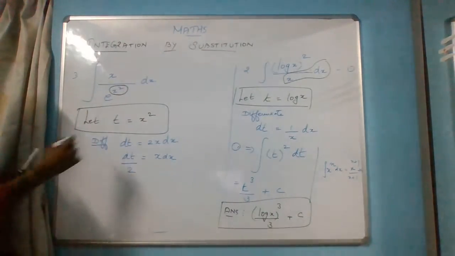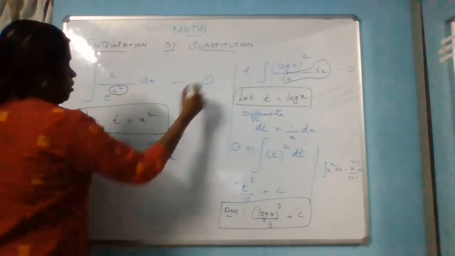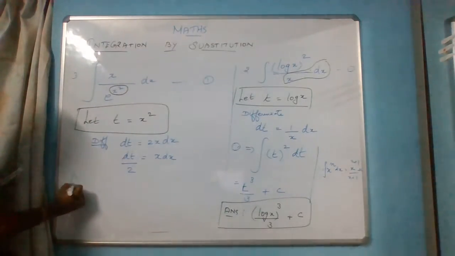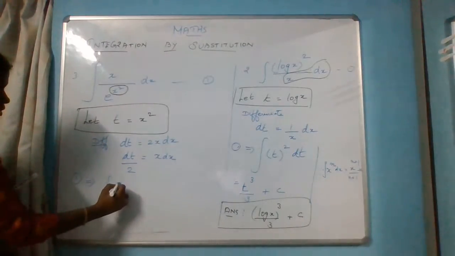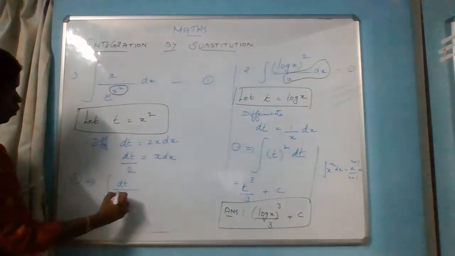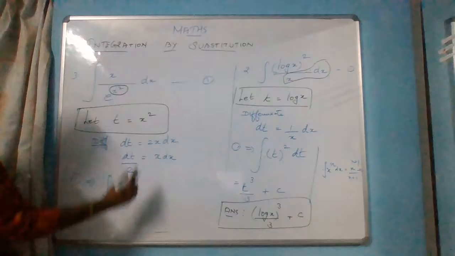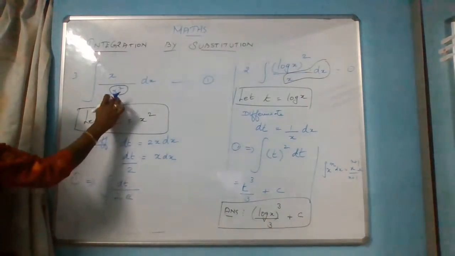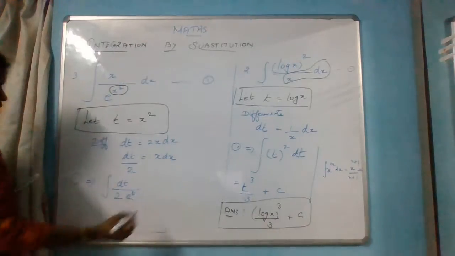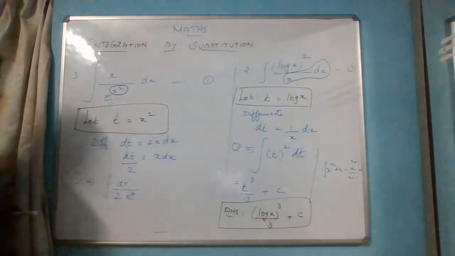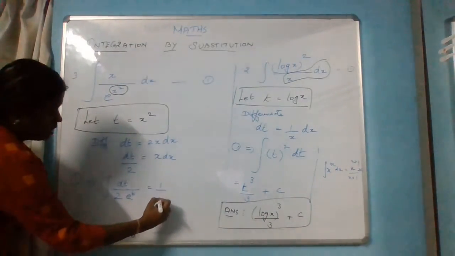So now substituting in the given problem, this one becomes what? x dx has become dt by 2, and what is there here? E power, and what is this x squared? Actually, I have taken it as t. So 1 by 2 e power t, the constant can be brought out.